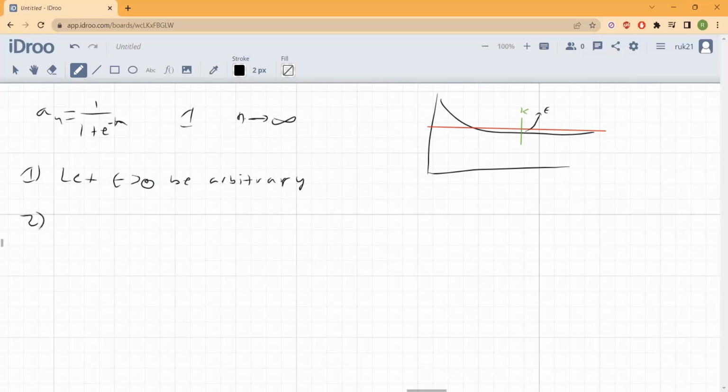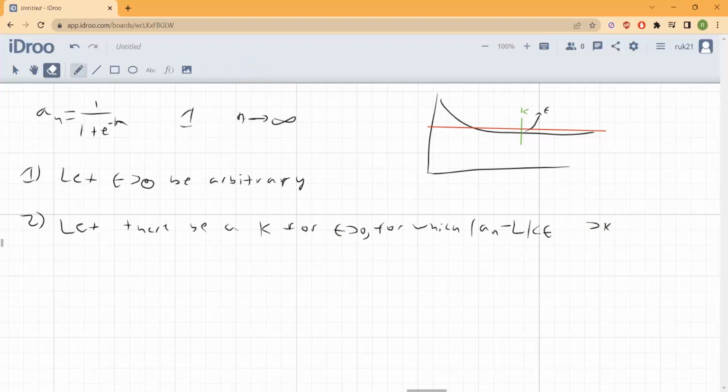Then for step 2, we're going to say let there be a k for epsilon greater than 0, for which a_n, the term of the sequence, minus L, the limit, is going to be smaller than epsilon for any n greater than k. That is a wonderful n. I hope you really enjoyed it, because I'm going to erase it because that looked like a horrible n. There you go. n greater than k.